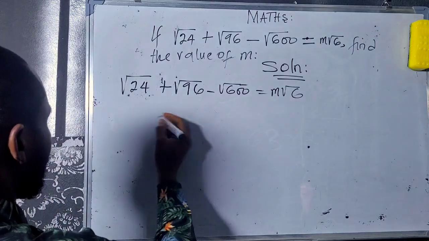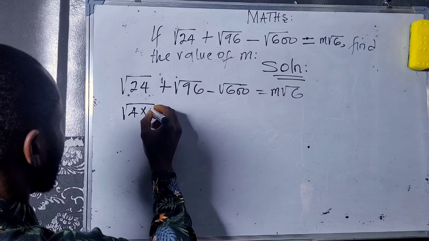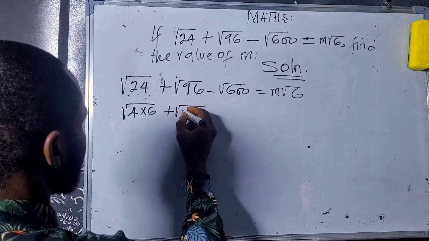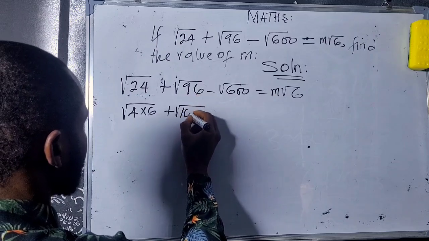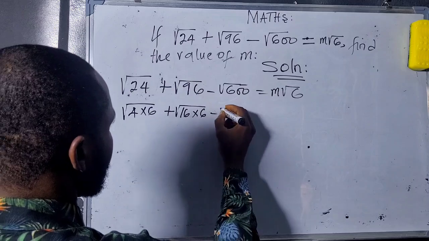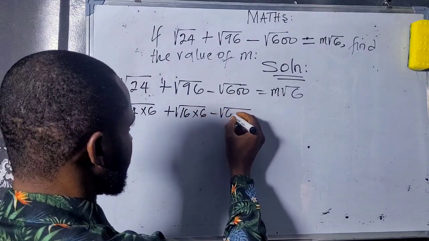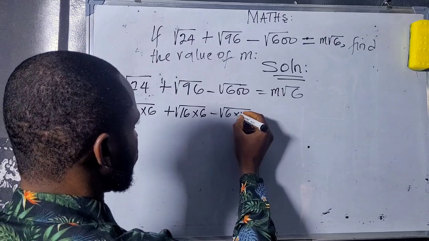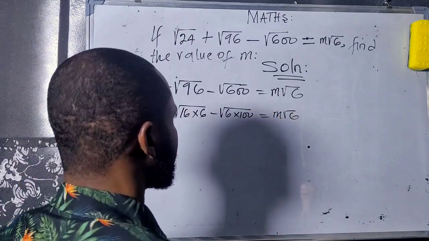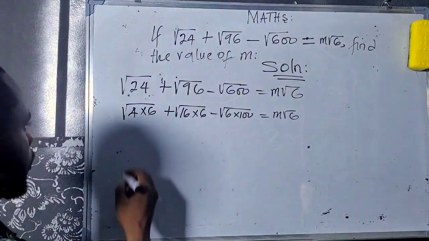24 can be expressed as square root of 4 multiplied by 6, plus 96 can be expressed as 16 multiplied by 6, minus square root of 600 can also be expressed as 6 times 100, equals m root 6. We simplify this further.